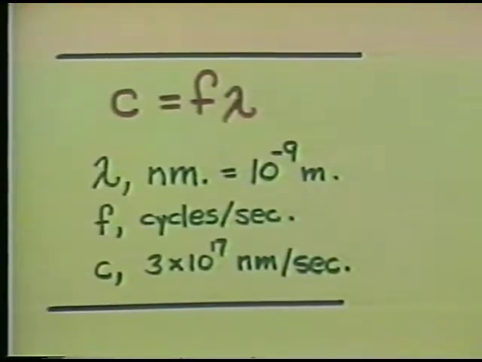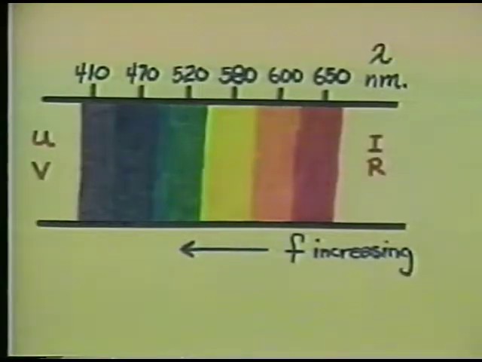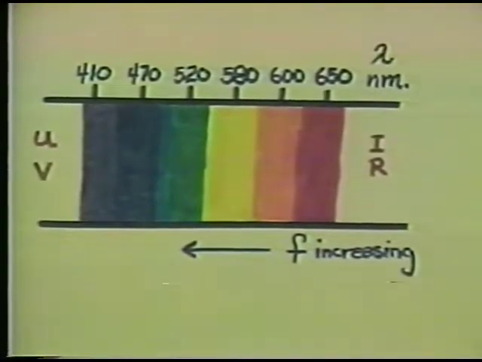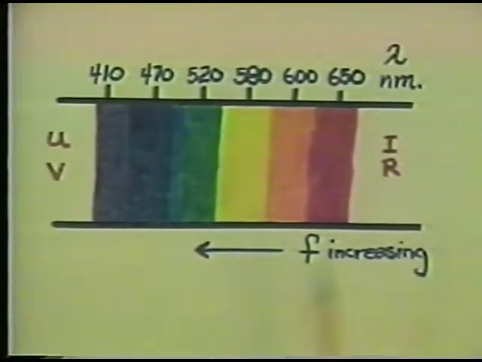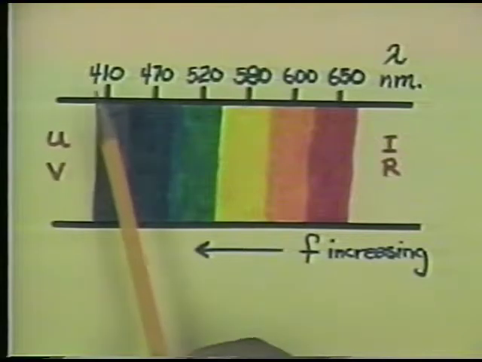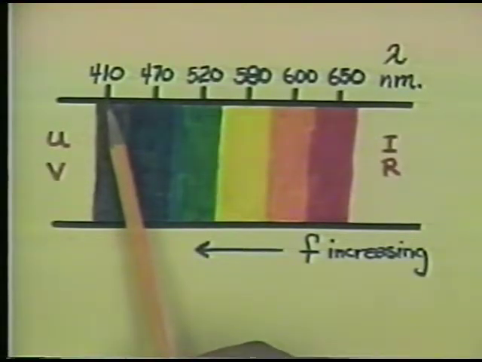Well, let's look at the visible spectrum then, this very small section of the total electromagnetic spectrum that's relative to our mineral microscopy experiments. This is just shown schematically, and again I have wavelength across the top, from short waves here.